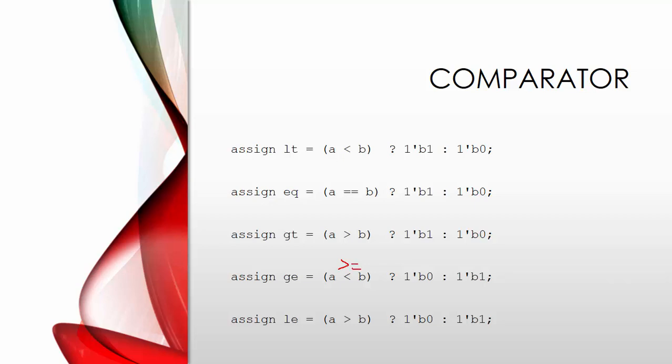So if you use this operator, you compare it like this, then this one switches back to the original sequence or original condition. This has to be 1, this has to be 0. And for LE, of course, if you use the actual less than or equal to operator, you also need to switch the output.